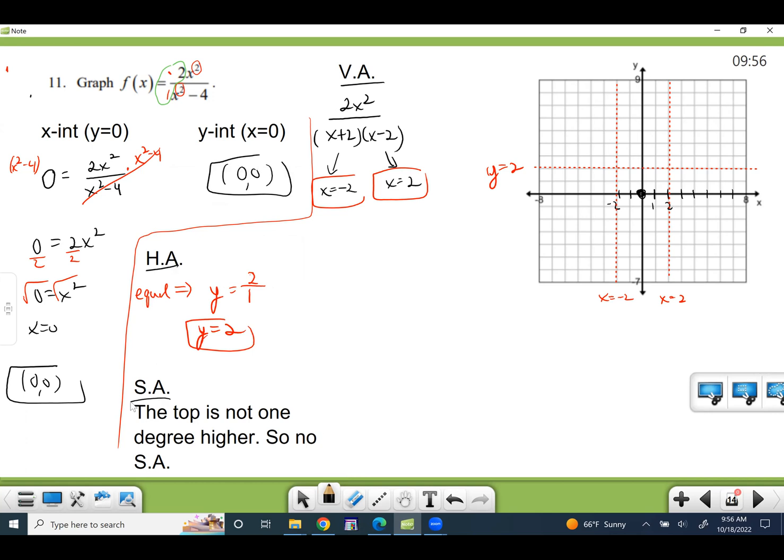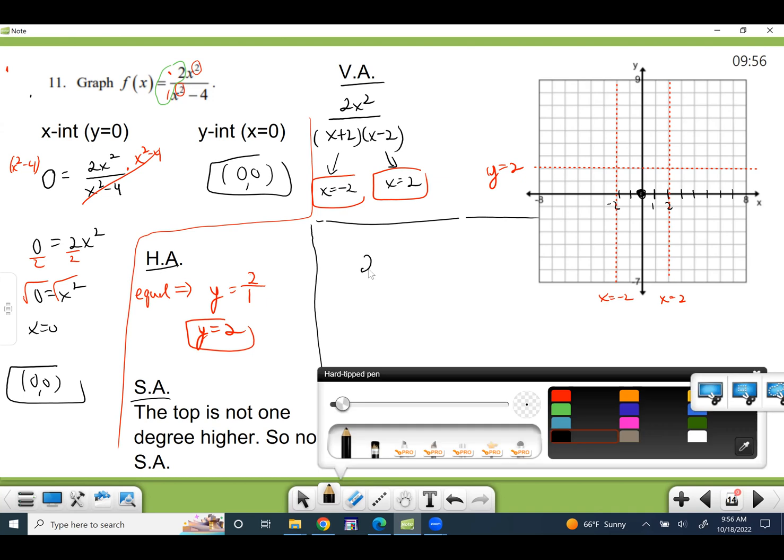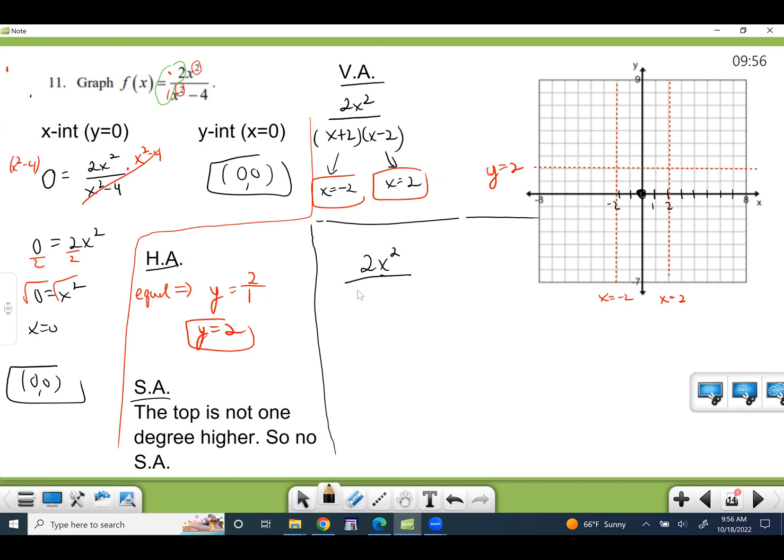All right, so we've got that. So now we're going to go in here and we're going to t-chart. Now, by the way, something to notice is this is an even function. All of my exponents are even. Let me just write it out and make sure that that's clear. Remember, behind every constant, there's also an x to the 0 power.